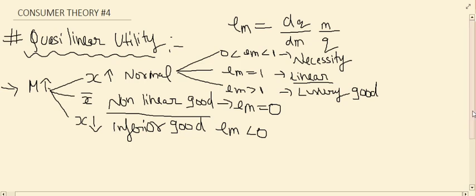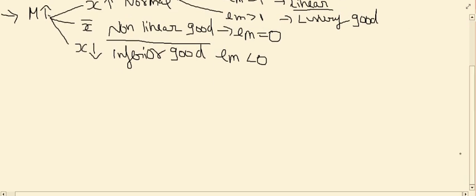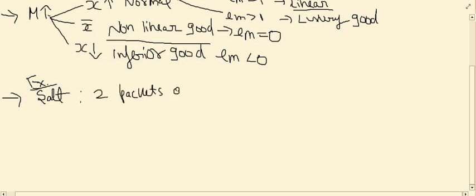Okay, so let's move further and try to understand what Quasilinear utility function is trying to explain to us. Let us suppose you use salt in food. This is an example often taught everywhere for Quasilinear utility. Now you use 2 packets of salt every month, let us suppose.